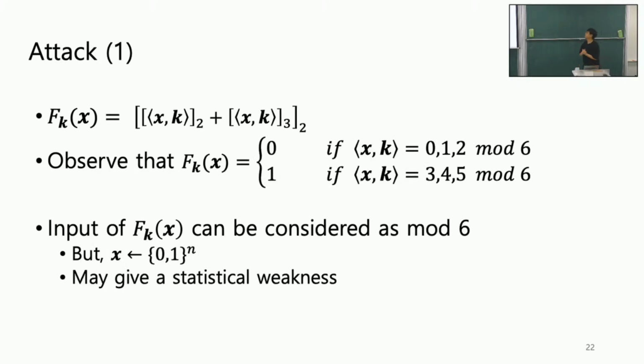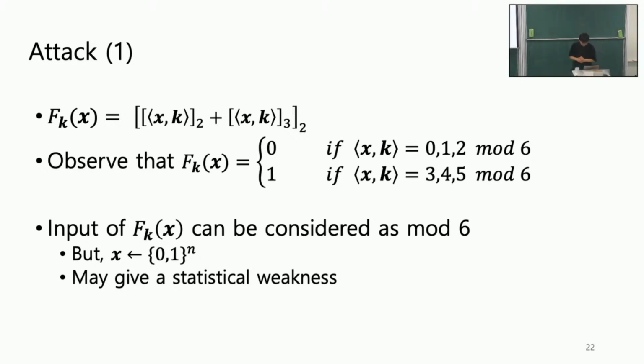So we need to find another event. We easily observe that fk of x outputs 0 if the inner product of x and k outputs 0, 1, and 2 in modulo 6, and it outputs 1 if the inner product outputs 3, 4, 5 in modulo 6.